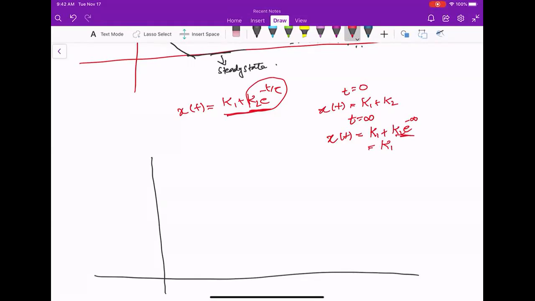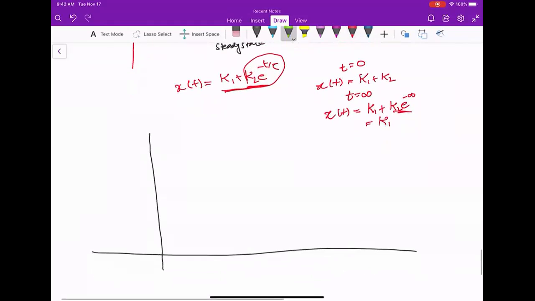So if we plot this thing here, this is our t equal to 0, and I am trying to plot it here. So this is k1.